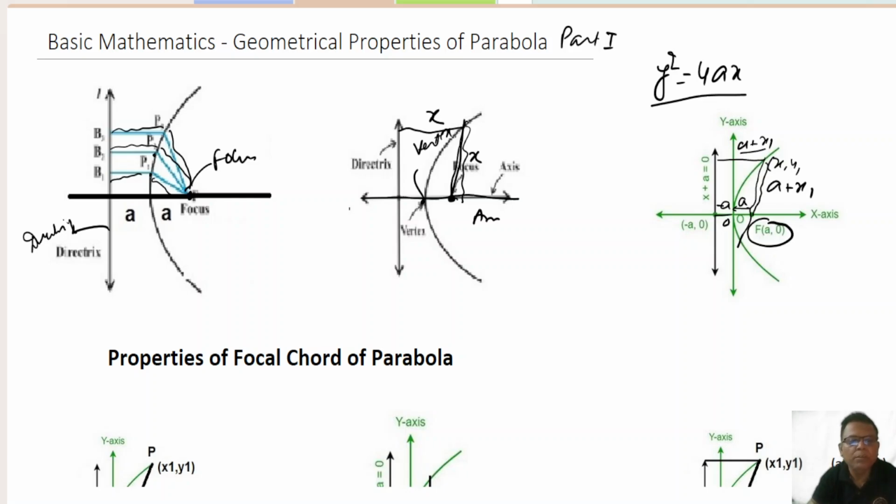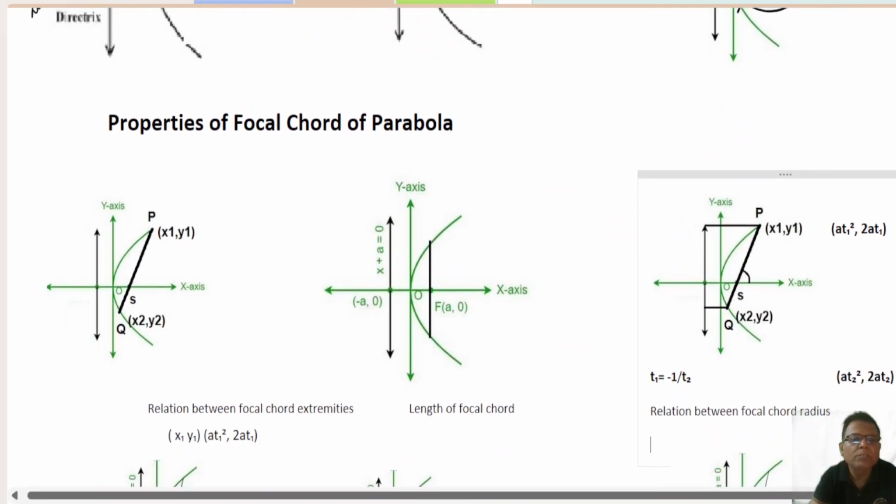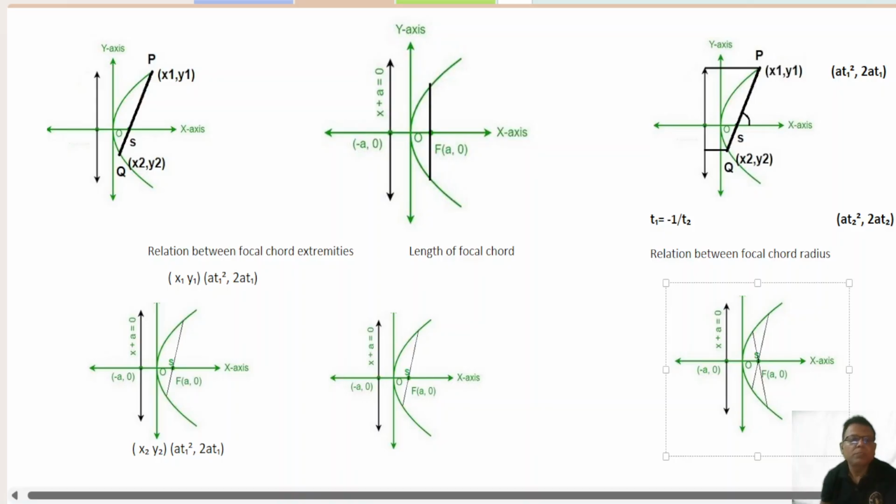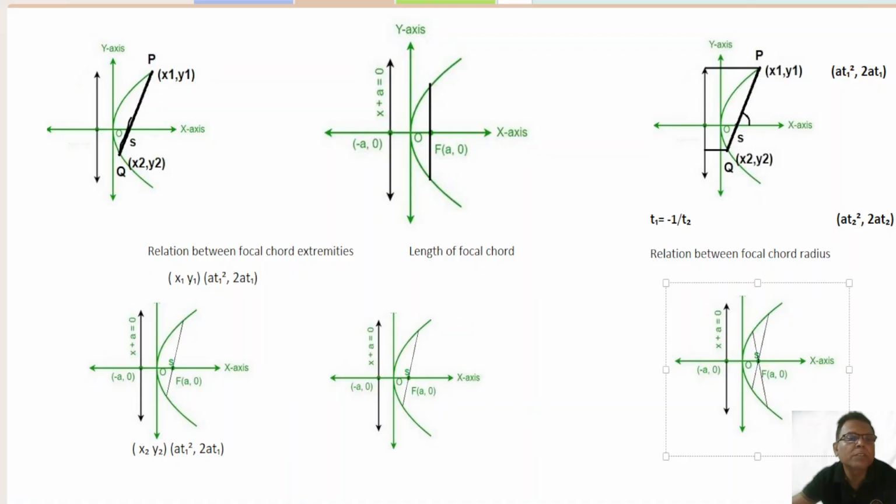Now let us come to the properties of focal chord. What is a focal chord? A chord that passes through the focus, (a, 0), is called a focal chord. And the focal chord which is parallel to the directrix is called the latus rectum. What is the latus rectum?